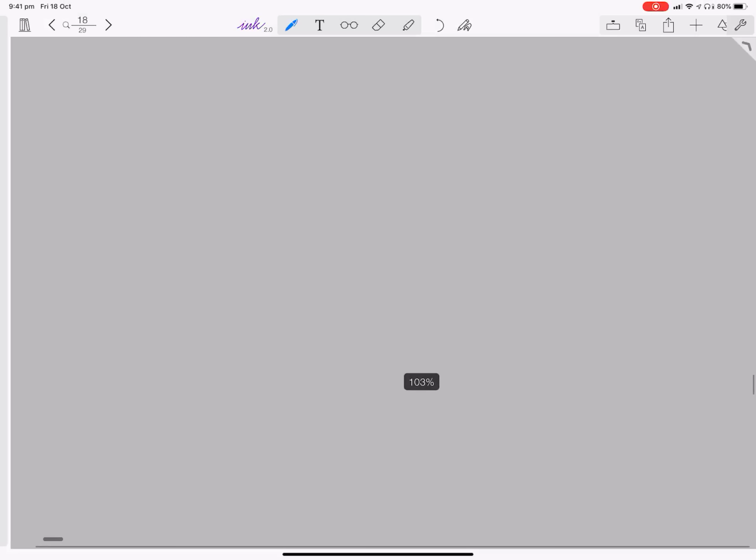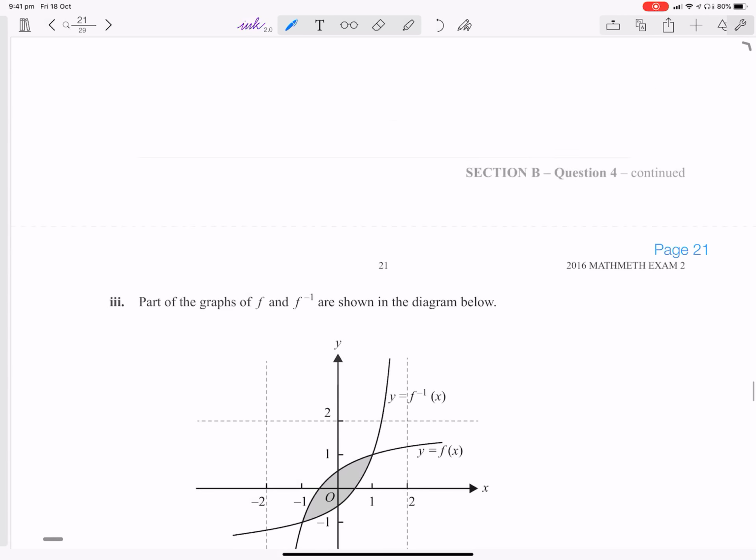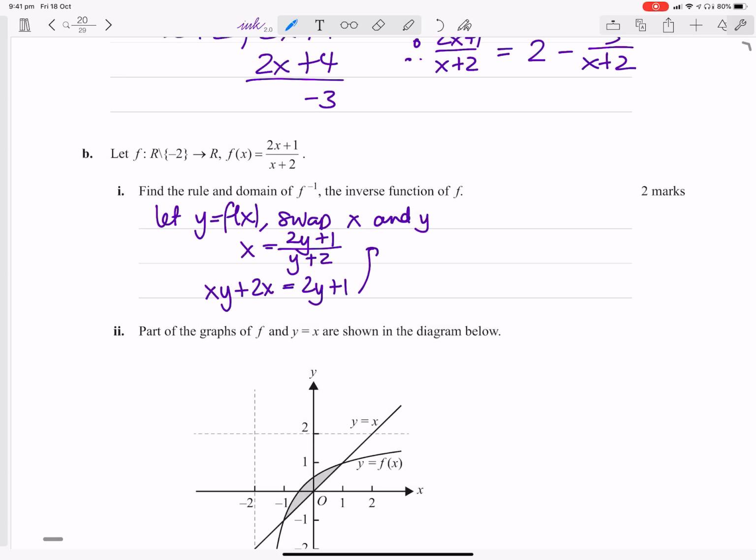So if we bring all of our y's to one side, xy minus 2y equals 1 minus 2x.